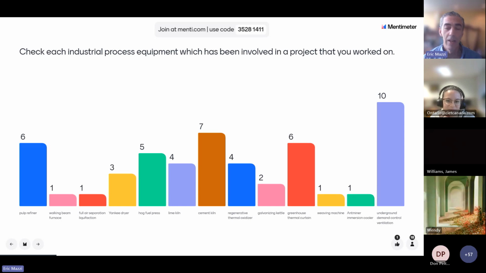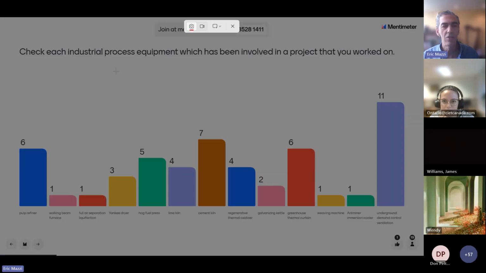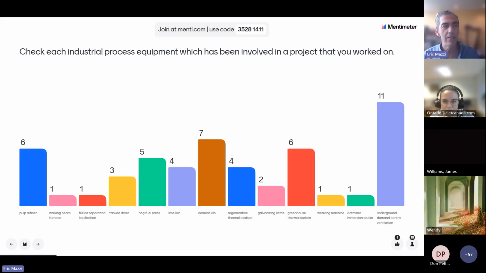The other key idea here is that this list could easily have hundreds more of these types of processes, maybe more than hundreds. One of the key ideas is that there is no such thing as an industrial expert, in the sense that nobody has expertise in all these processes.